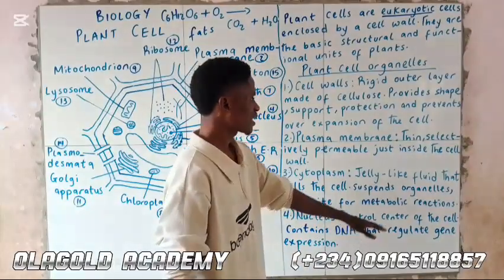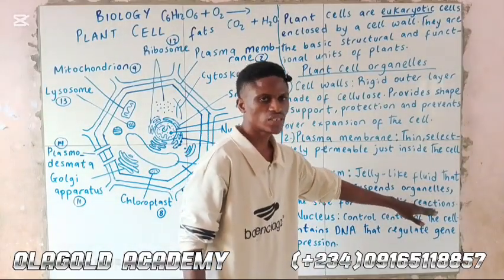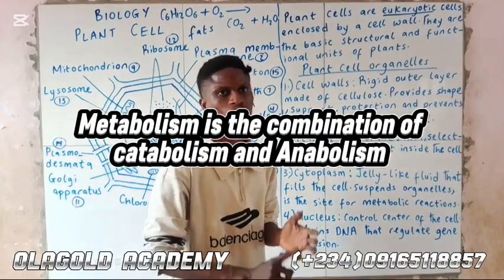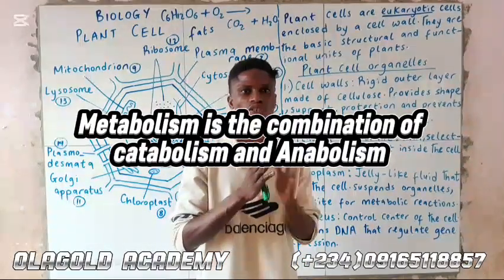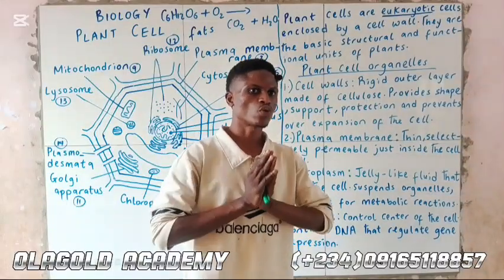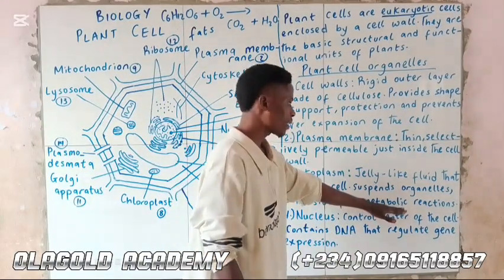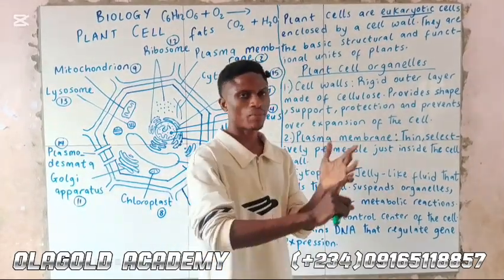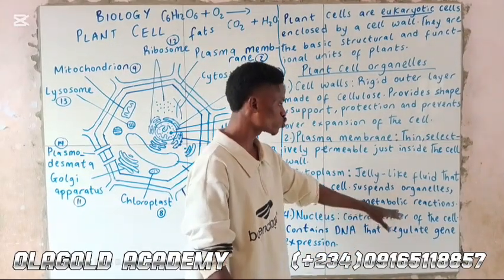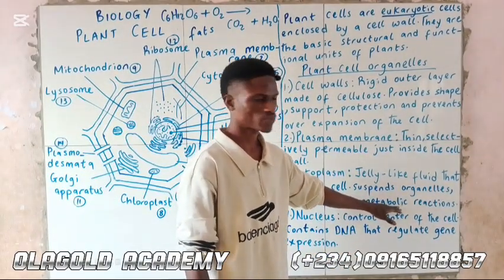Metabolic reaction or metabolism has to do with both catabolism and anabolism. The combination of anabolism and catabolism is what we refer to as metabolism. Catabolism plus anabolism equals metabolism.